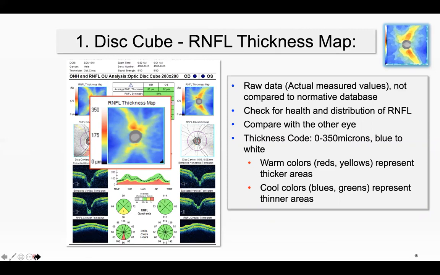An experienced clinician can tell a lot about the health and distribution of the RNFL from these thickness maps. And comparing two eyes with each other is very important. We have the thickness color code in these maps. So warm colors are thick, cool colors are thinner areas.